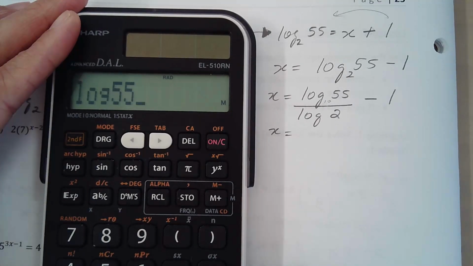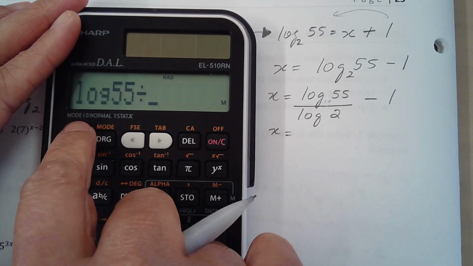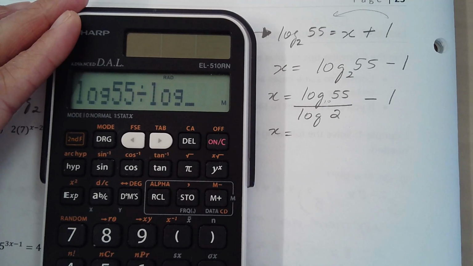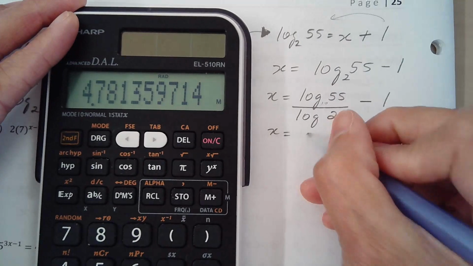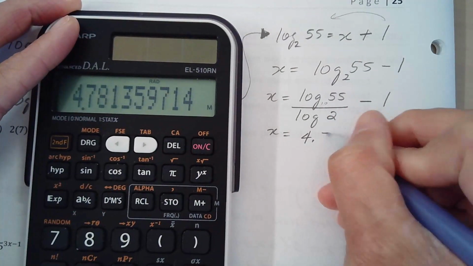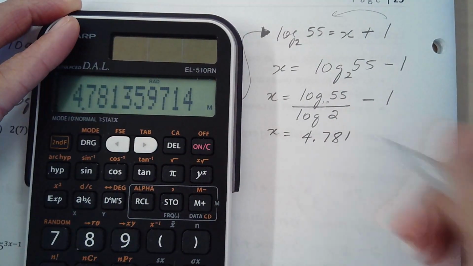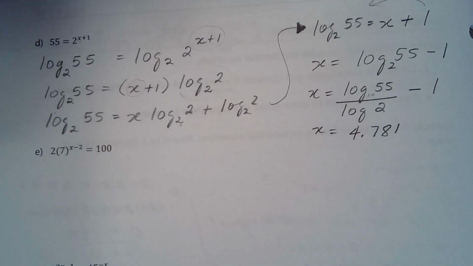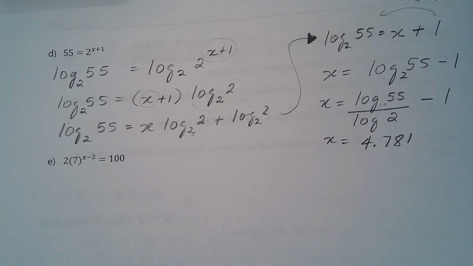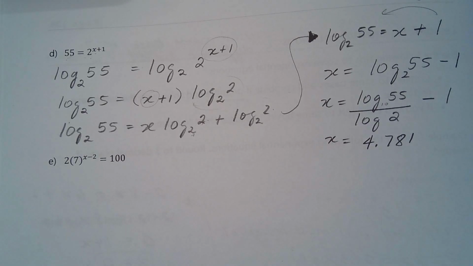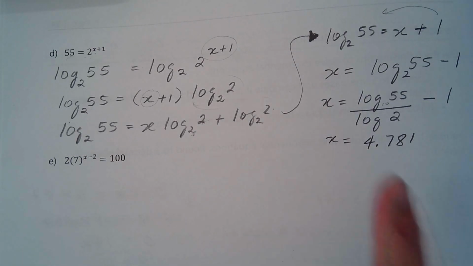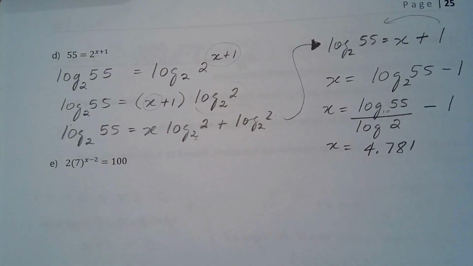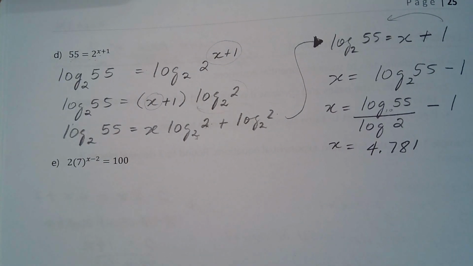Log 55 divided by log 2 minus 1, so 4.781. So that means the exponent must be, not the exponent, the x must be 4.781. Okay, let's see if that makes sense.